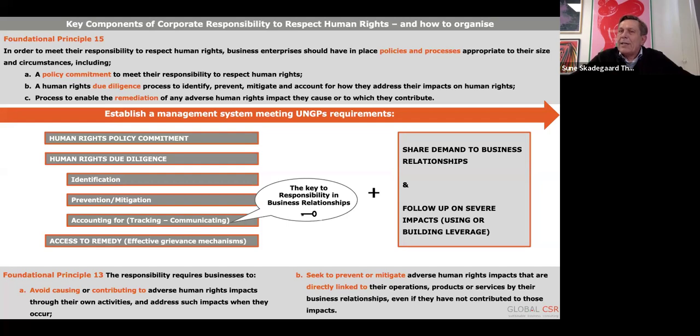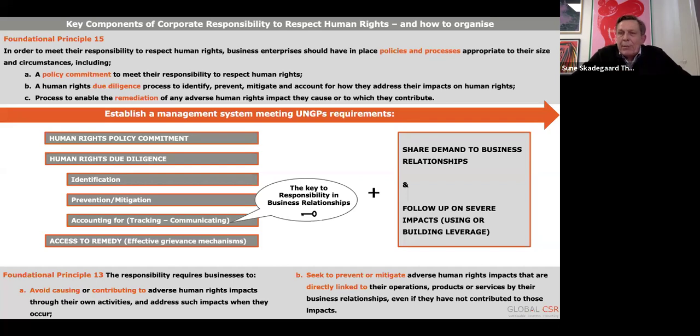But this is not enough vis-a-vis your business relationships. If you become aware of any severe impacts within your full value chain, be it downstream to your suppliers or upstream to your distribution chain, you will have to follow up on such severe impacts.